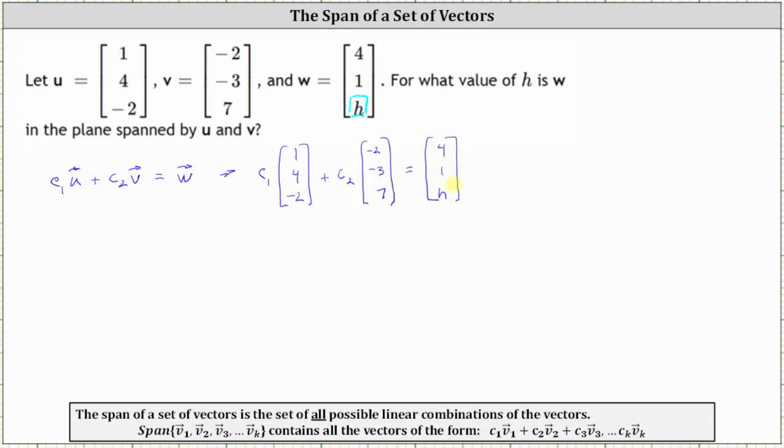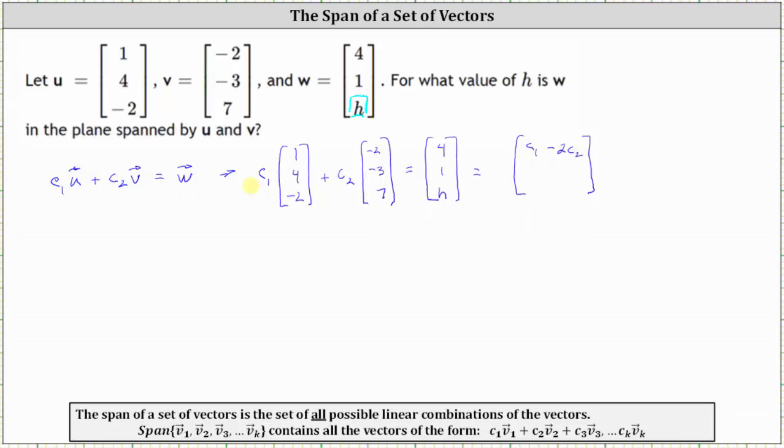And now let's perform the scalar multiplication on the left and then add the two column matrices. This will result in one 3 by 1 matrix, or one column matrix, where the first entry is c sub 1 times 1 plus c sub 2 times negative 2, or c sub 1 minus 2 c sub 2.